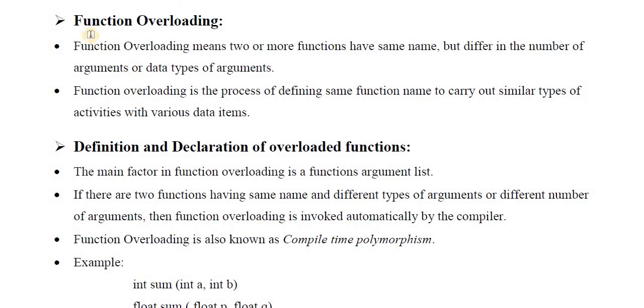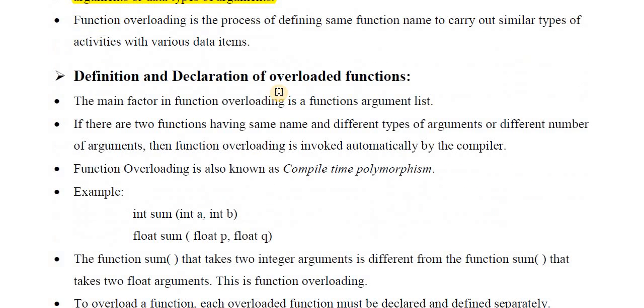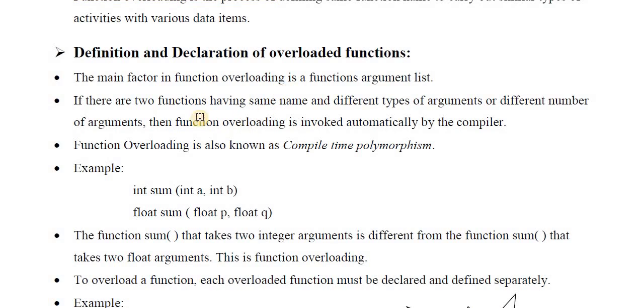So here also in the notes it is given: function overloading. Function overloading means two or more functions have the same name but different parameters or arguments. So the main thing in function overloading is the function argument.